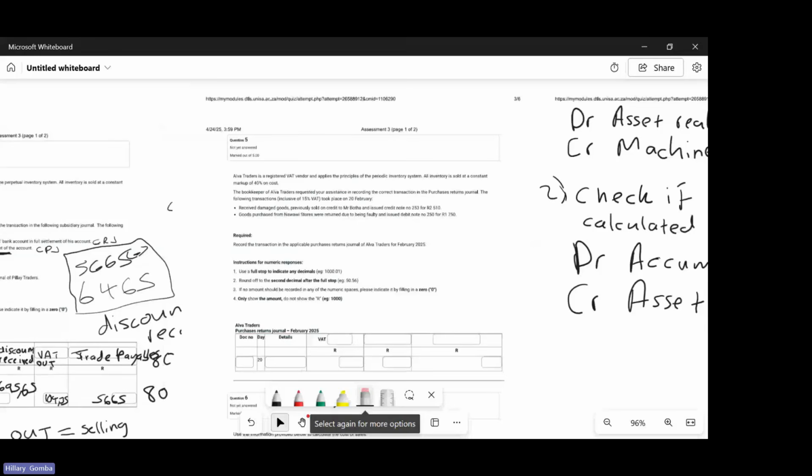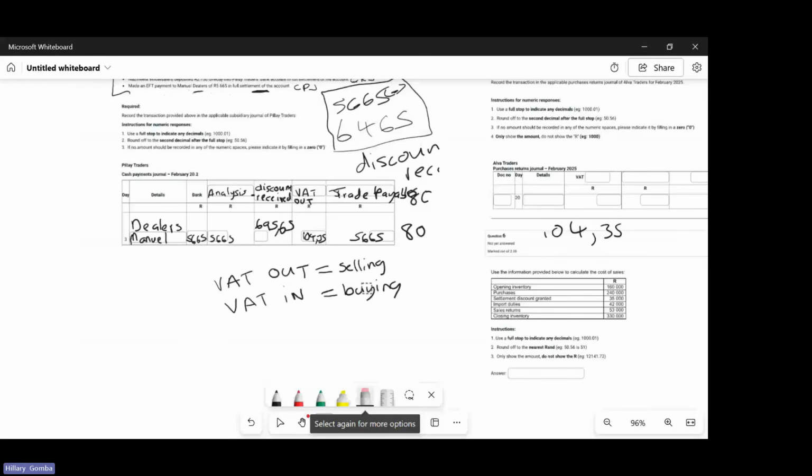If there was no discount, we would calculate VAT from the 5665, and the VAT that we get is the one we record, but it won't be a VAT out. There won't be any discount received or discount granted, it will be 0. But because we had a discount, it's now the opposite.